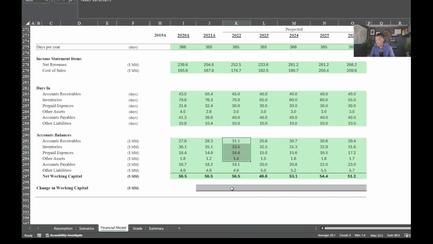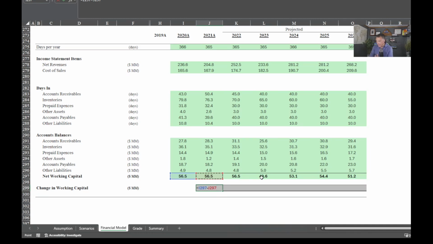What happens to cash? So what we're going to do here is I want the change of the previous year minus the current year that you're in. Okay, what does that mean? If that number went up, that's going to be a negative. That makes sense. If assets go up, our cash goes down, right?